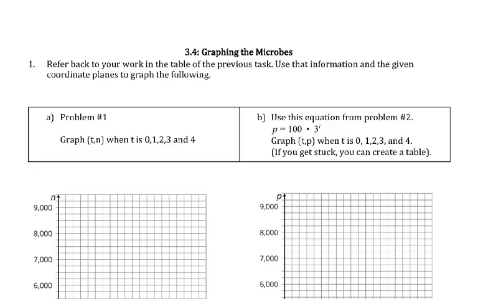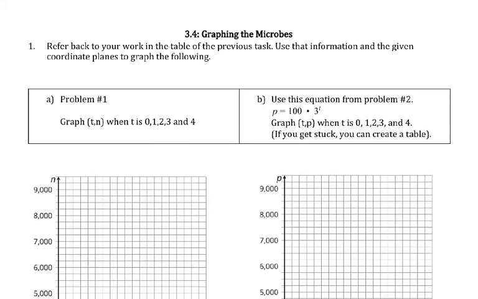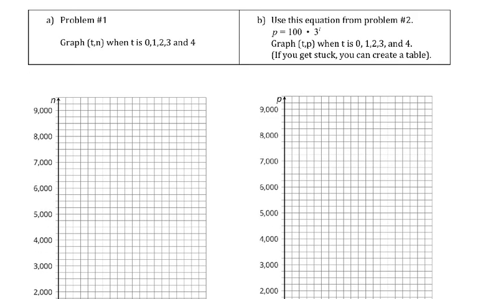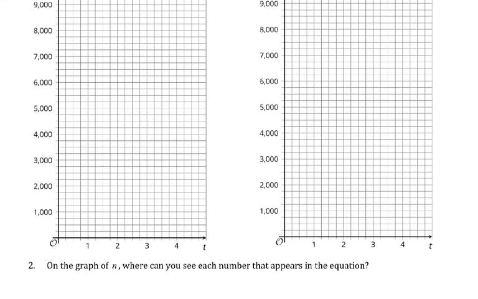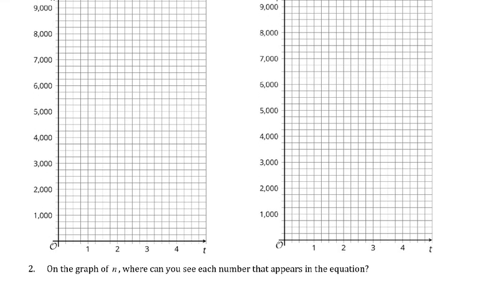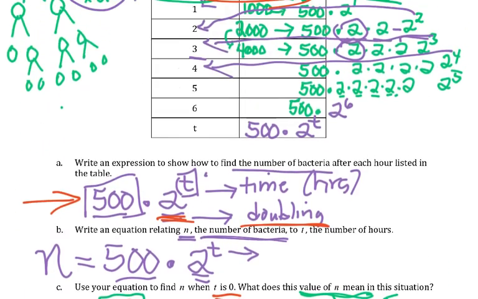All right, then what we did was, believe it or not, we went on to Desmos and we graphed these equations. And basically, I'll give you a quick heads up that we looked at when T is 0. If I were to graph this, remember, what did I start with?